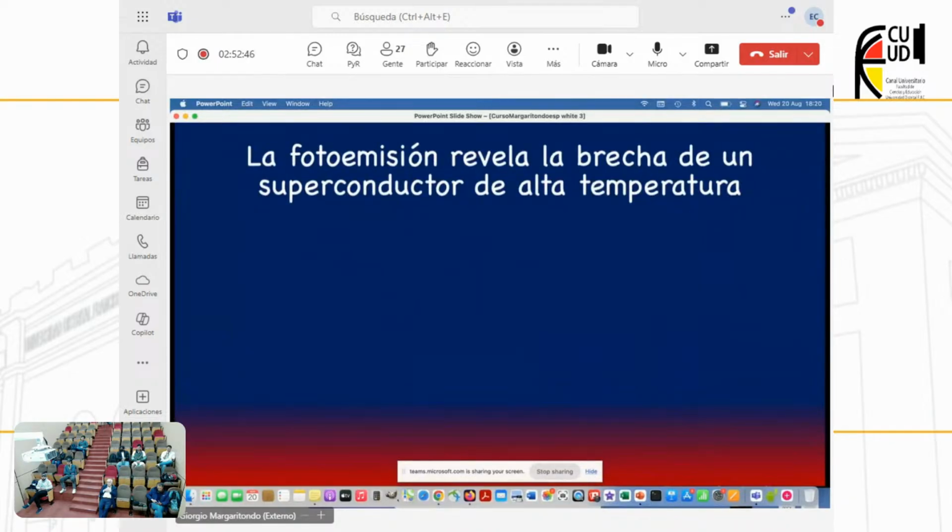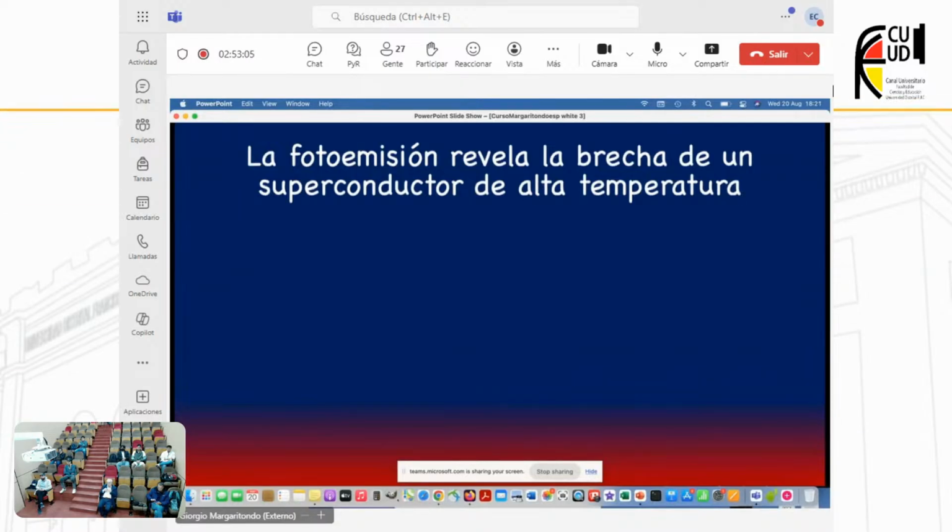Superconductors. Now, in the case of superconductors, the triggering of superconductivity is also related to the energy of the electrons, but it is a phenomenon that only occurs at low temperature. And why so?